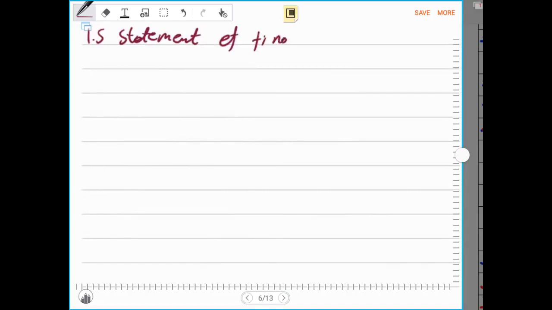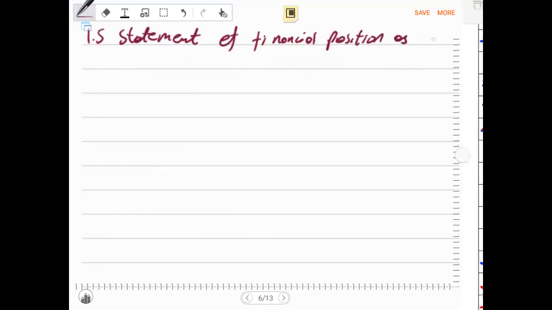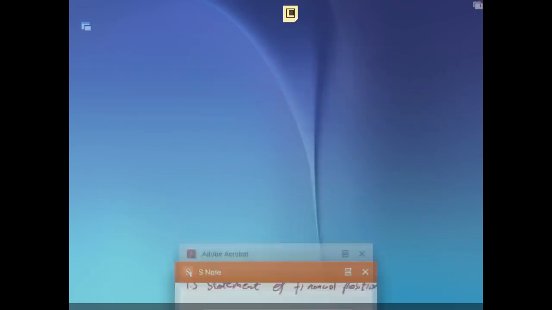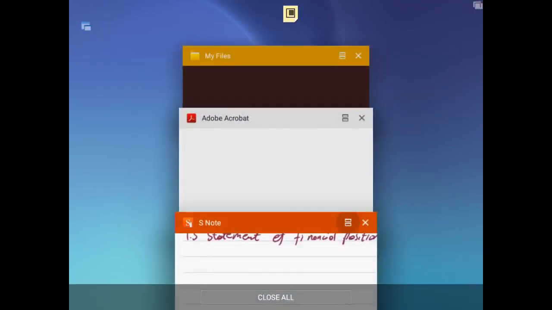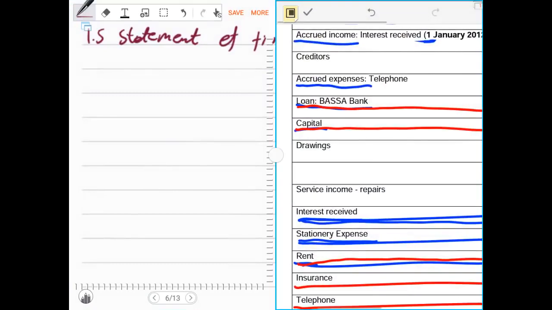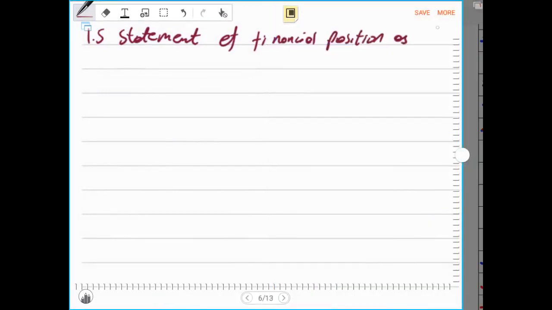Statement of financial position as at 31st December in the year 2012.